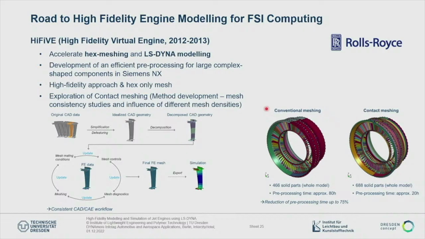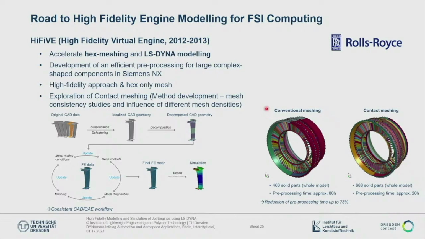So we started with looking at the meshing process, the hex meshing process, which is a big challenge, to do all-hex meshes in such complex structural components. This was what we were working on. We developed workflows for how to decompose, how to simplify the models, how to do the meshing.